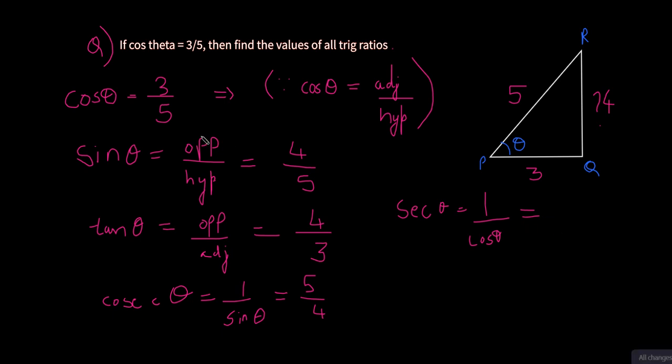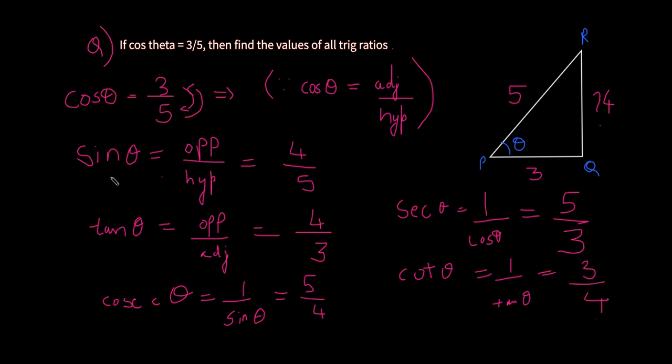It's the inverse of this, 5 by 3. Now cot theta is 1 upon tan theta, the inverse of tan theta, which is 3 by 4. So if you got all the correct answers, then you are a pro at trigonometric ratios.